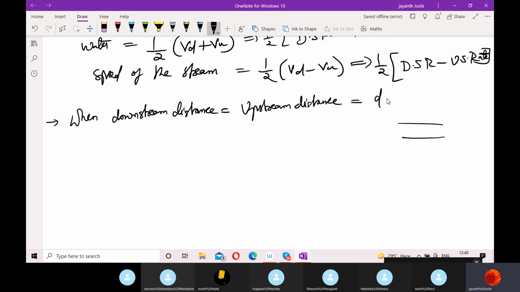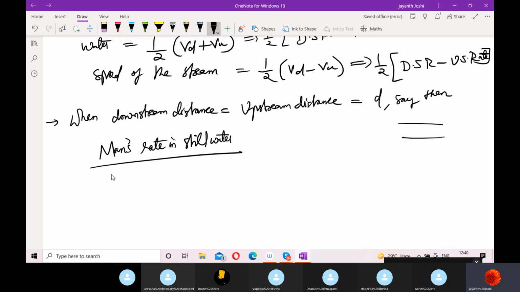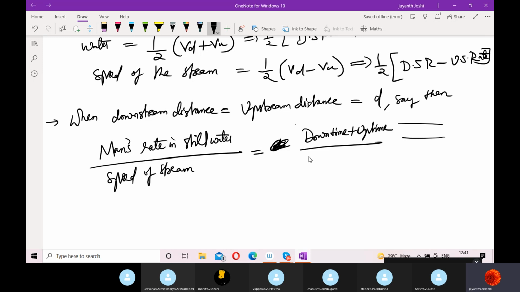So in that case, man's rate in still water divided by speed of stream is equal to downtime plus uptime, that means total time, divided by uptime minus downtime.